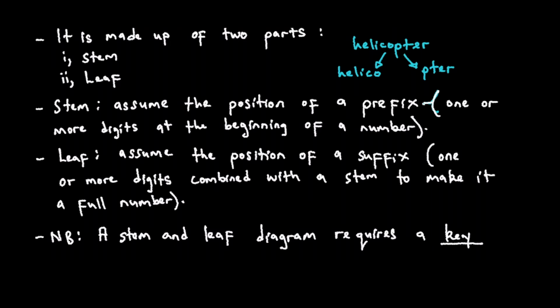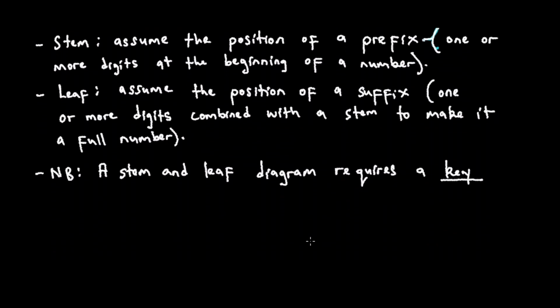A stem and leaf diagram requires a key to interpret the results. So the key is there for what? Interpreting the results. That is what a key is required for.